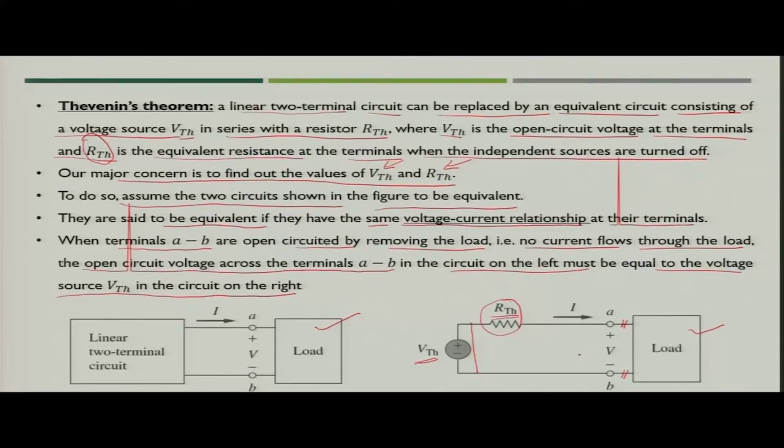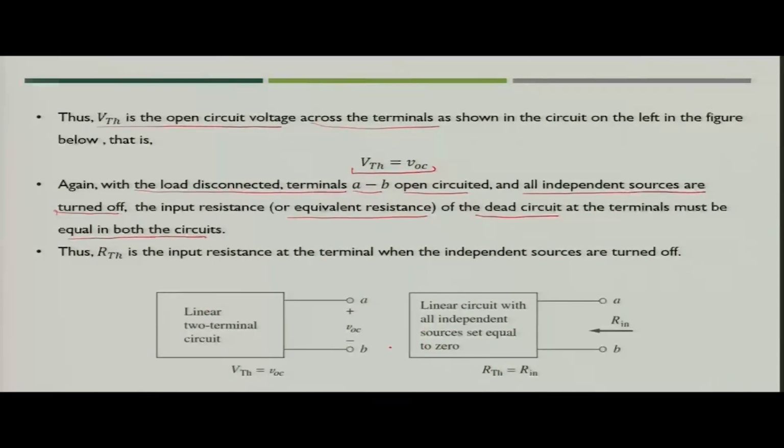So, whatever resistance you see in both cases, the input resistance across the linear circuit with all independent sources set equal to 0 would be equal to RTH. With these two conditions you can find the values of the important parameters required for the Thevenin theorem, which are VTH and RTH.